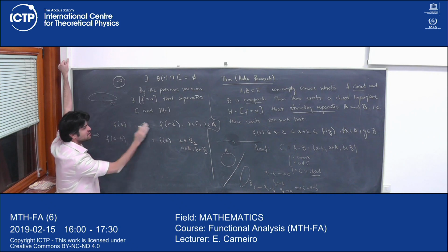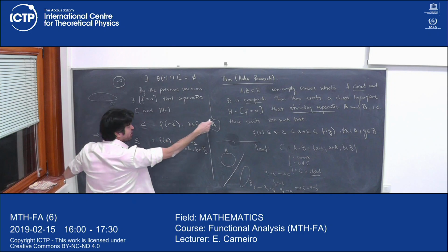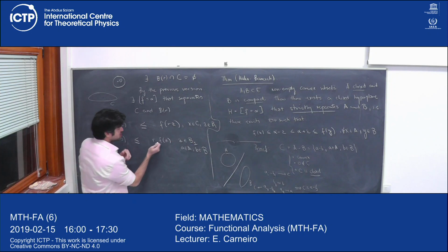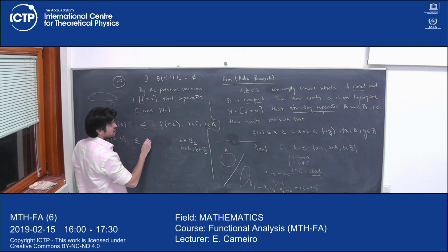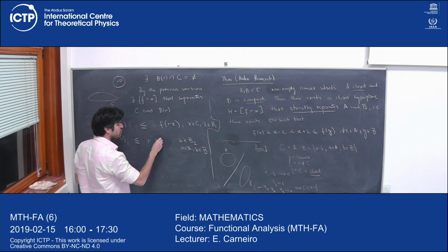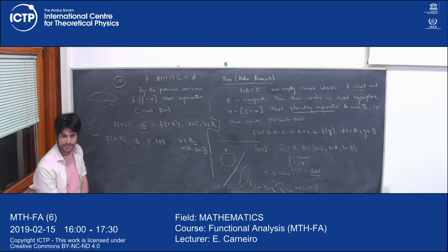So this is less than this for any z in the unit ball, right? So, of course, this is going to be less than r times the norm of f. Are you guys okay with that? It's certainly going to be less than that, because this is less than that.